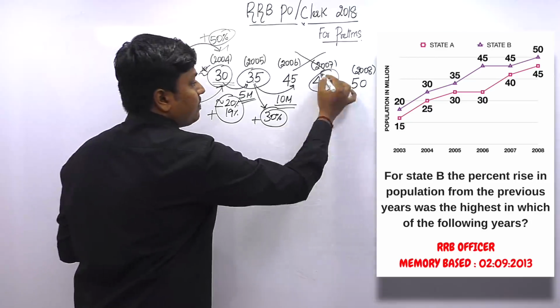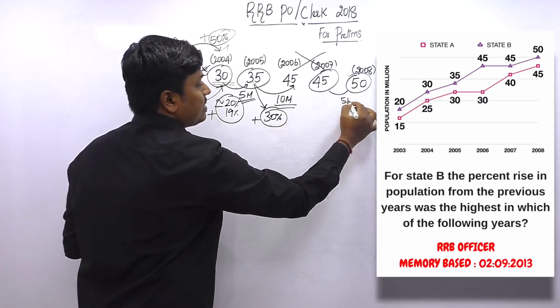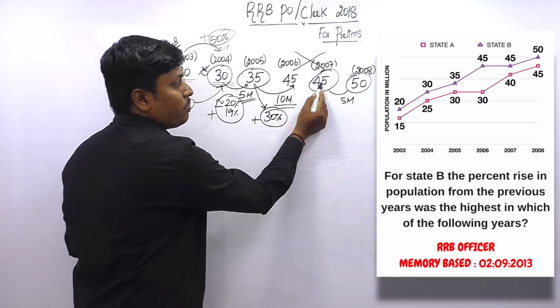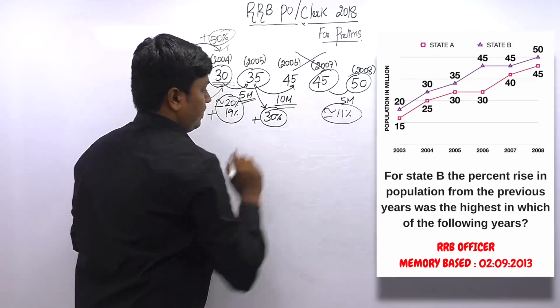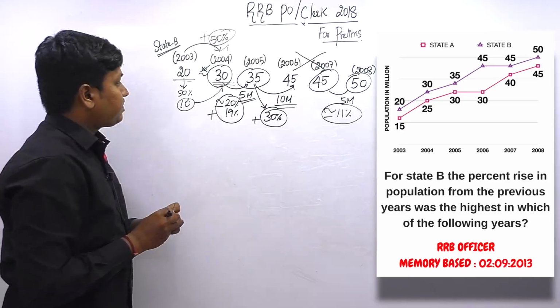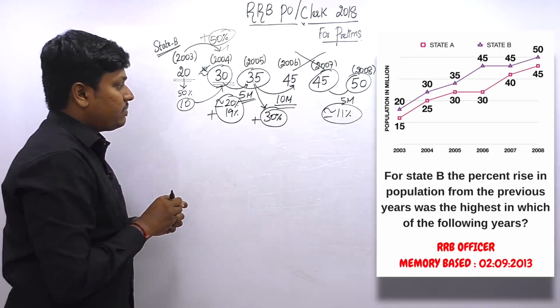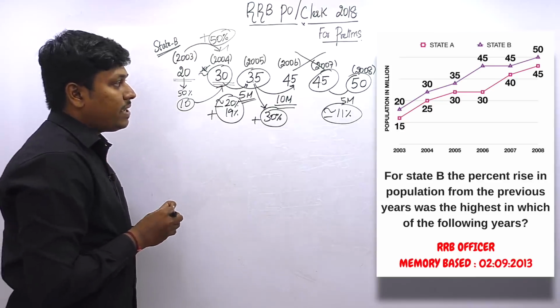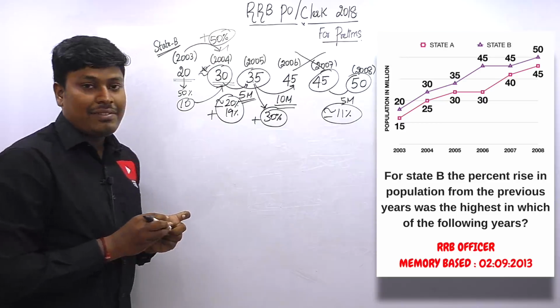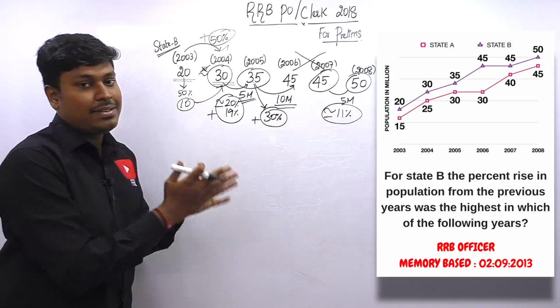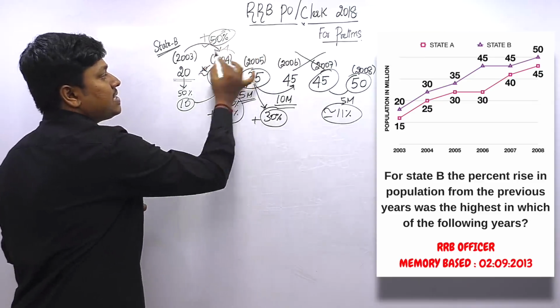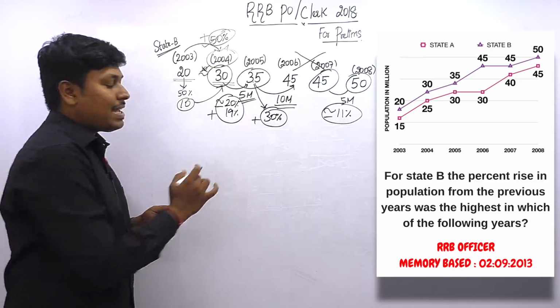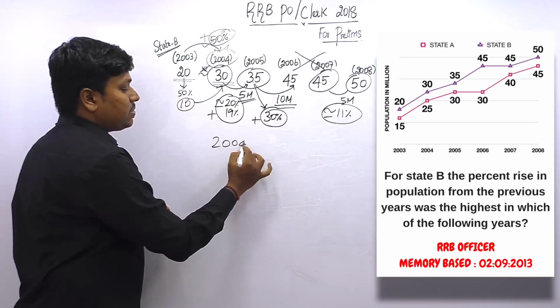Similarly the last one, 45 and 50, 5 million is increased, 10% will be 4.5, so approximately 11%. So we can directly say 50% in 2004, 30% in 2006, then for the last year we have 11%. So the maximum increase, the highest increase we were to find, is 50%, which is 2004. So the answer for this question is 2004.